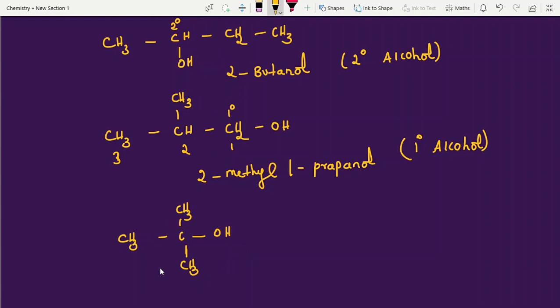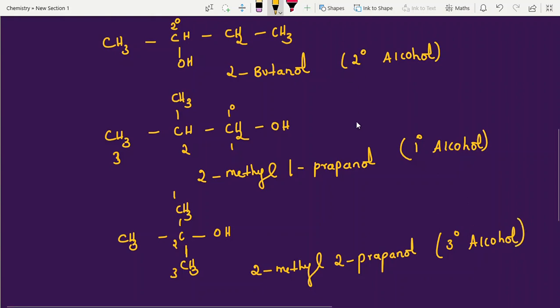Naming 1, 2, 3: 2-methyl-2-propanol. That is 1-propanol, this is 2-propanol. Is it primary or secondary or tertiary? Tertiary alcohol. Clear? So I said first, how many primary alcohols? 2. How many secondary? 1. How many tertiary? 1. Totally 4 alcohols.